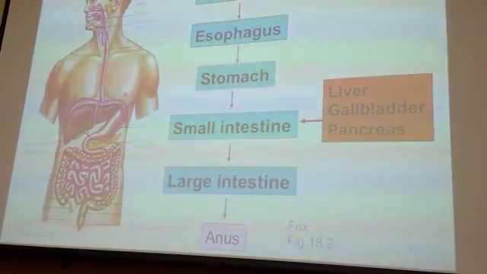Okay, so if you remember from way back in lecture 1, we went through the basic anatomy and physiology of the gastrointestinal tract. So we went through each of these different organs and stressed some of the anatomical specializations of the cells in the different organs and the functions of the different organs, right?